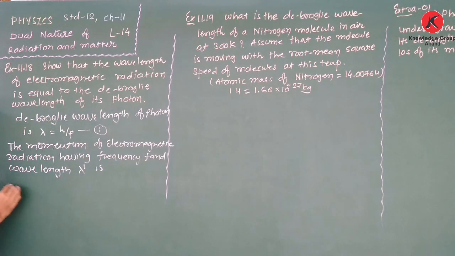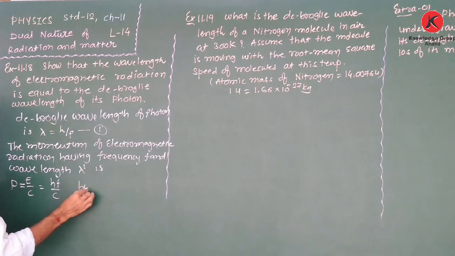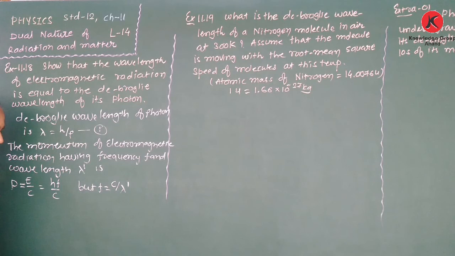This momentum P is equal to the energy of the photon upon C, but E is equal to hf, so P is equal to hf upon C. But we know that frequency f is equal to C upon lambda dash.